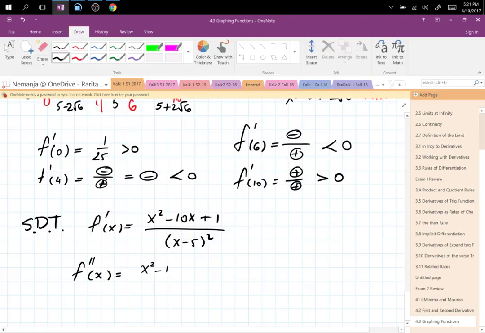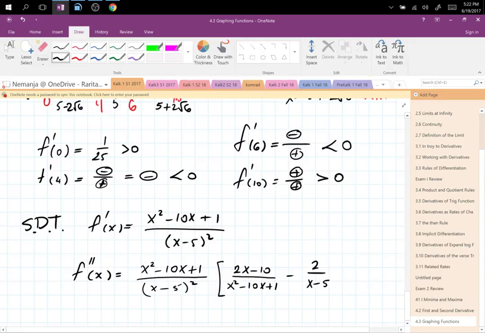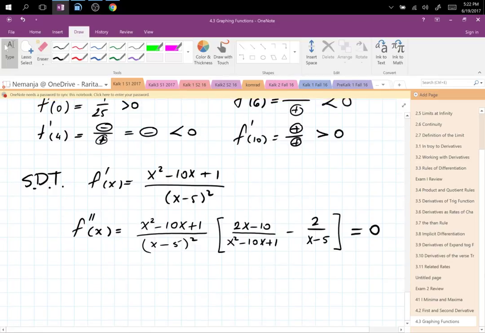So copy the function, times 2x minus 10 divided by x squared minus 10x plus 1, and then minus 2 times, I mean 2 over x minus 5. And now all of that equal to 0. Now before you explode, each one of these independently gets set to 0.